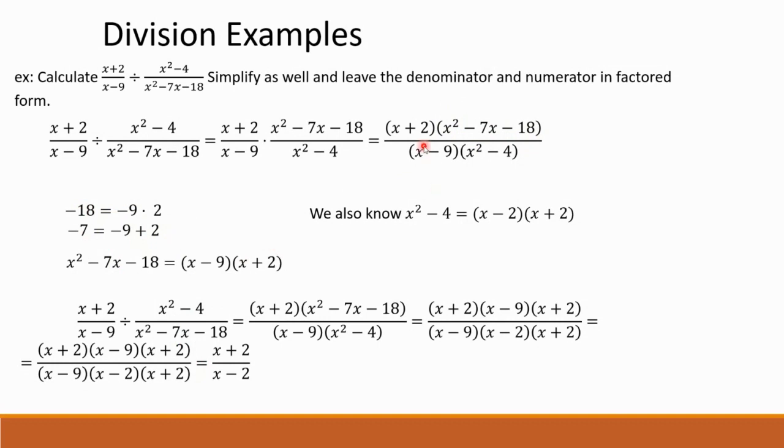And of course, x squared minus 4: 4 is a perfect square, 2 squared. So we have a difference of 2 squares, and we get x minus 2 times x plus 2.